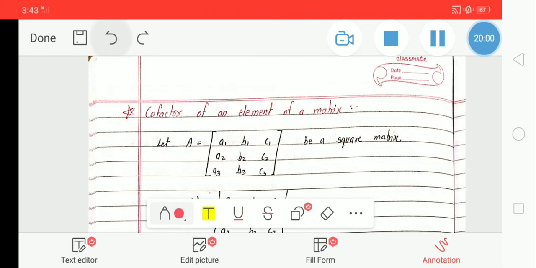Now study the cofactor of an element of a matrix.